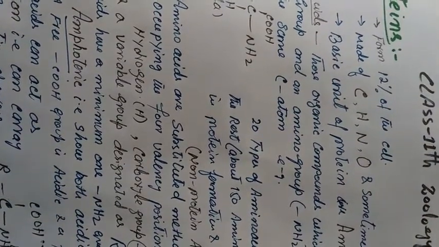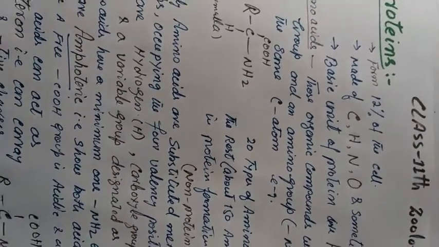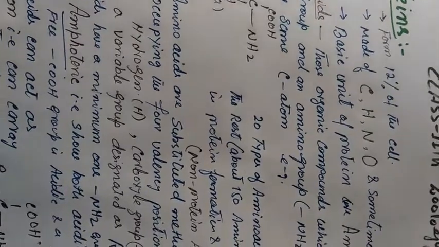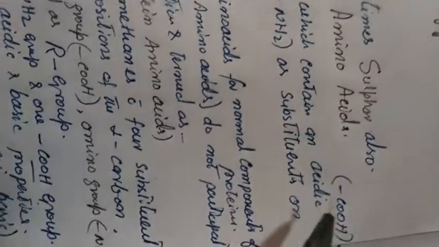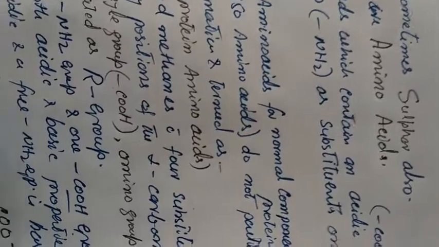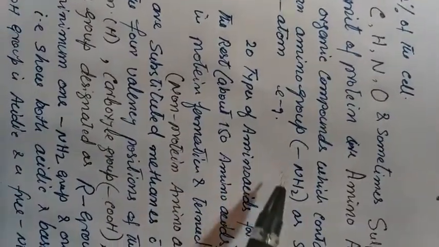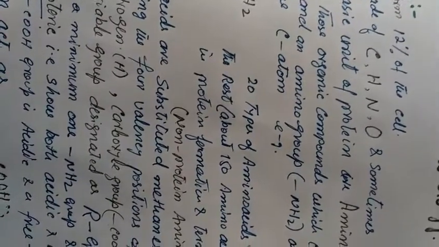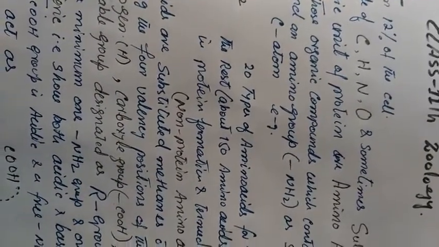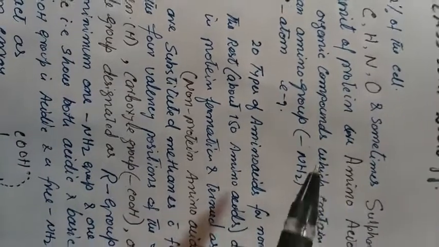Amino acids are organic compounds which contain an acidic group, that is a carboxylic group COOH, and an amino group, that is NH2, as substituents on the same carbon atom.